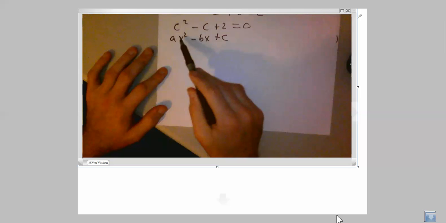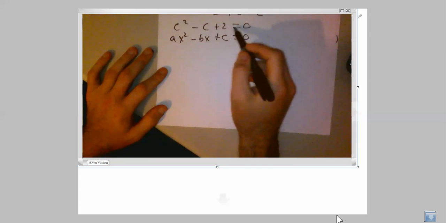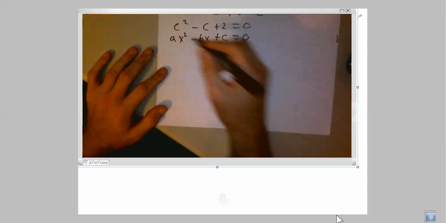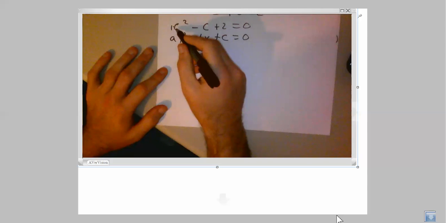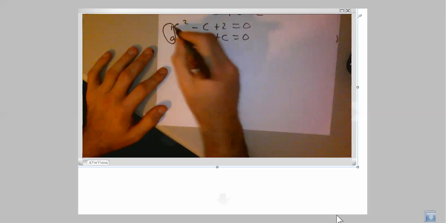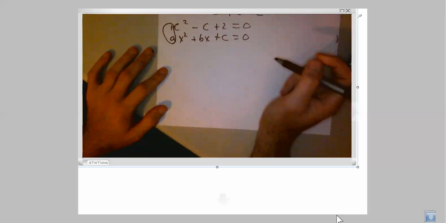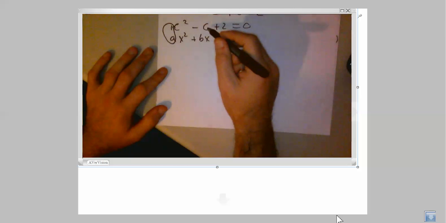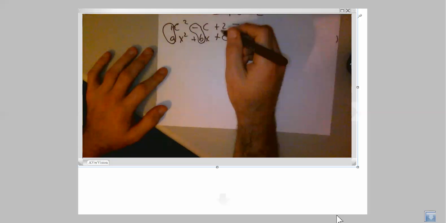In this case, my variable is c and not x, but this is written in the book. The coefficient in front of the squared term is a 1, so my a is 1. The coefficient in front of c is -1, so b is -1, and my constant term is 2.